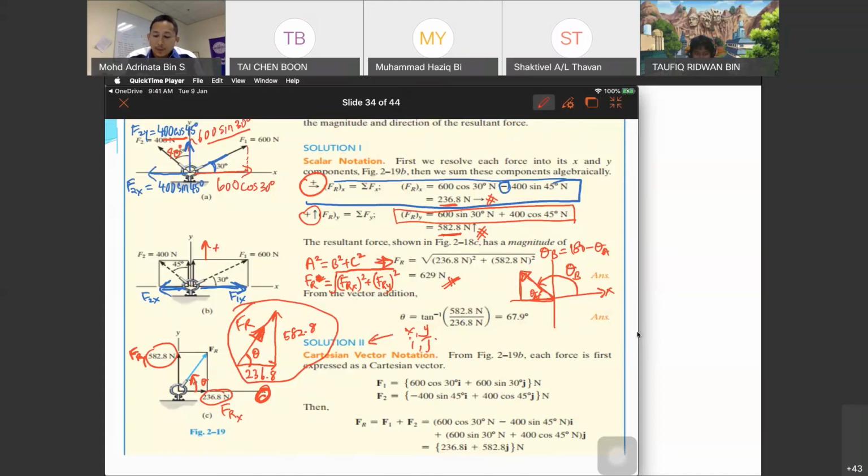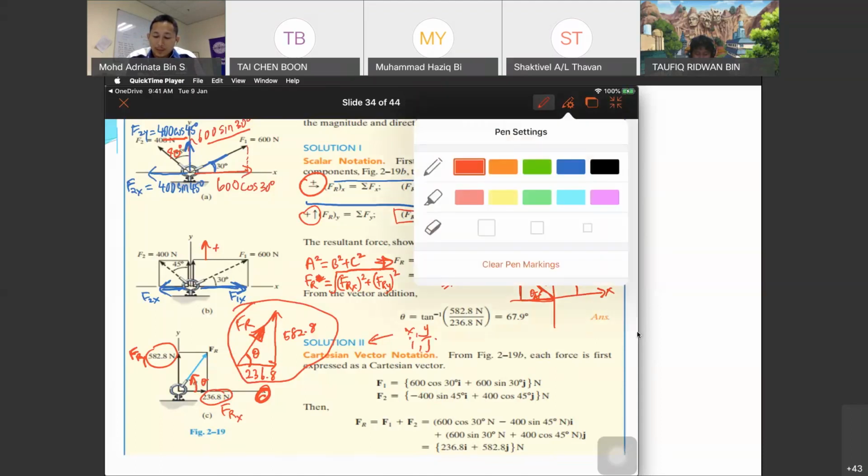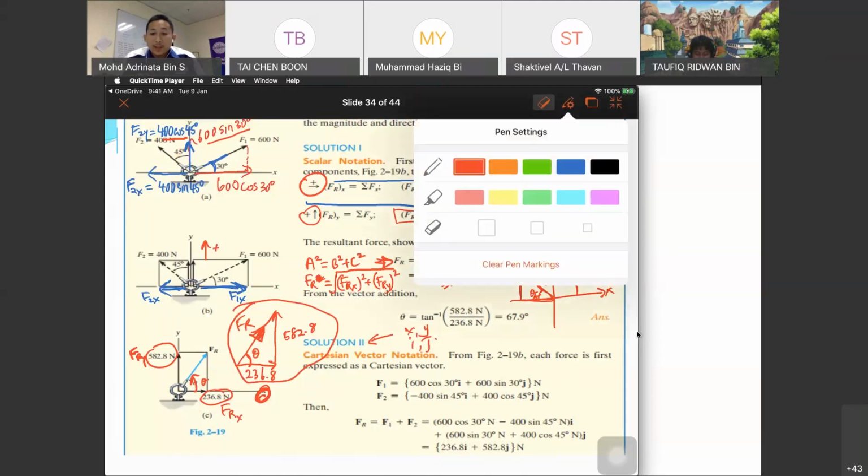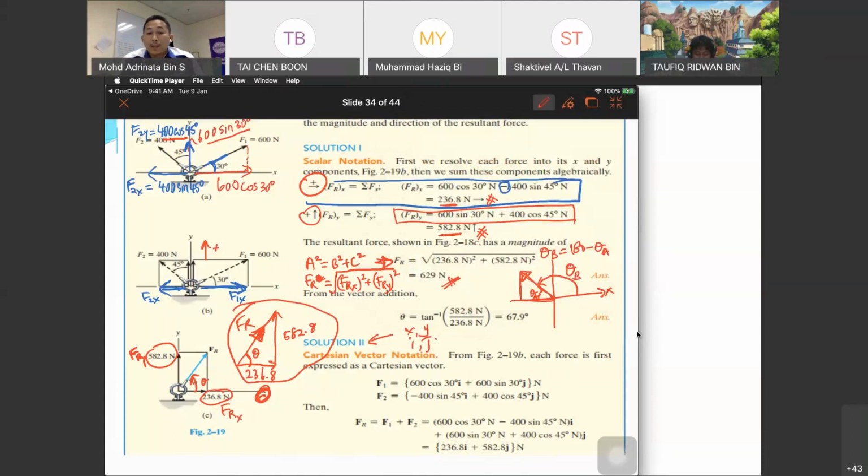That's it. So if that is 45, it is okay. But if 40, then the basics you need to understand. If you know sine 45, cosine 45, you can use it.